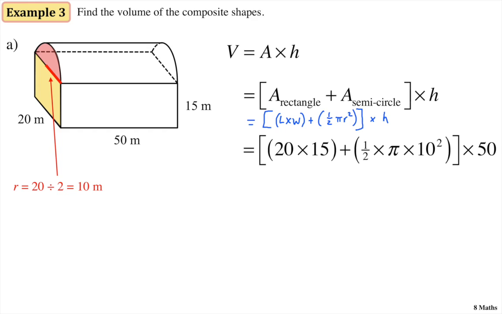So what you're going to do is use a rounded bracket. You're going to go left bracket, 20 times 15, right bracket, plus left bracket, 1/2 times pi times 10 squared, right bracket, times 50. If you do that, you'll get your answer of 22,853.98 metres cubed.